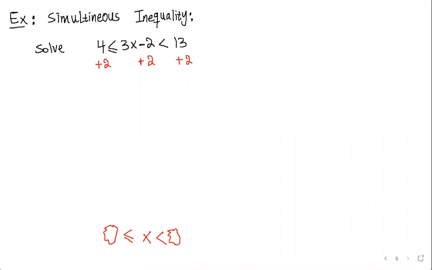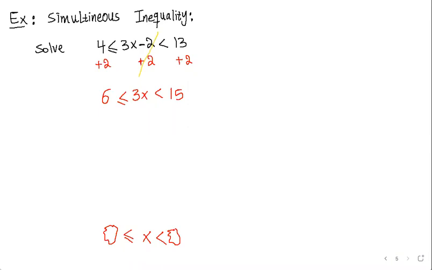When I add 2 to all sides, this is cancelled. Now I get 3x between 4 plus 2, which is 6, and 13 plus 2, which is 15.